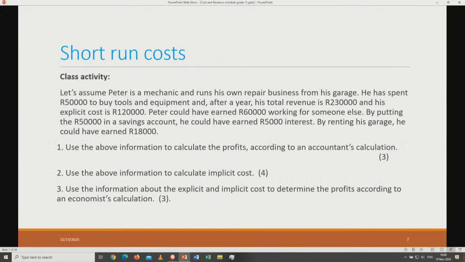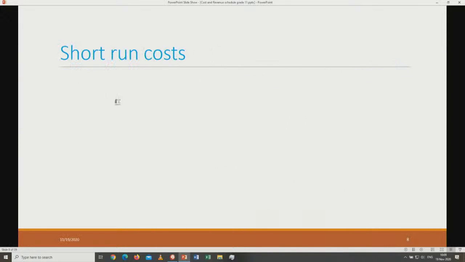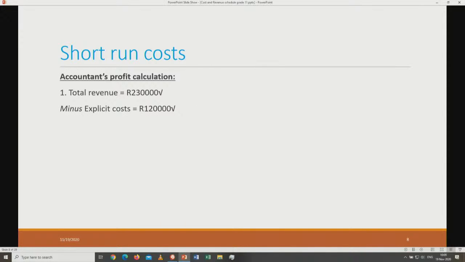Let's go back just to confirm again. There it is given, and his explicit cost is 120,000. Okay, now we have those two. We have total revenue of 230,000, then we minus explicit cost, which is 120,000, and then our profit, accounting profit, will be 110,000. See, this is how an accountant will calculate his profit.